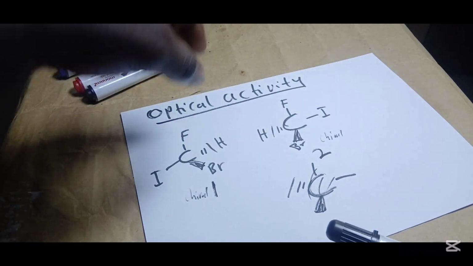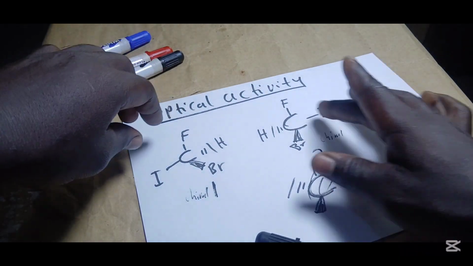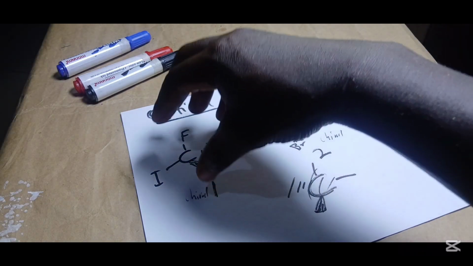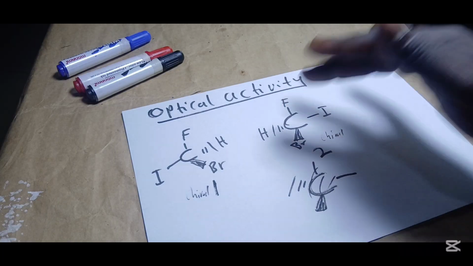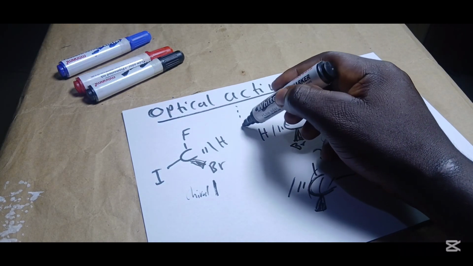So they will not match exactly because iodine will come and overlap with hydrogen. The same thing if you raise this molecule and put it on this: F will match, but hydrogen will come on iodine.